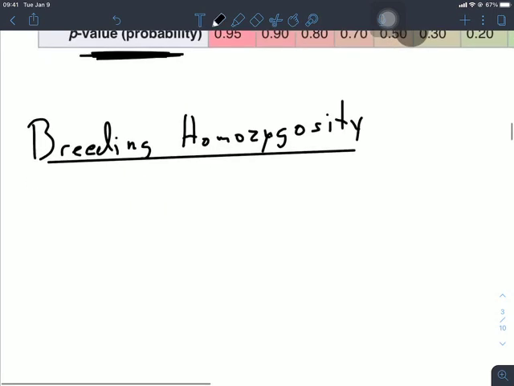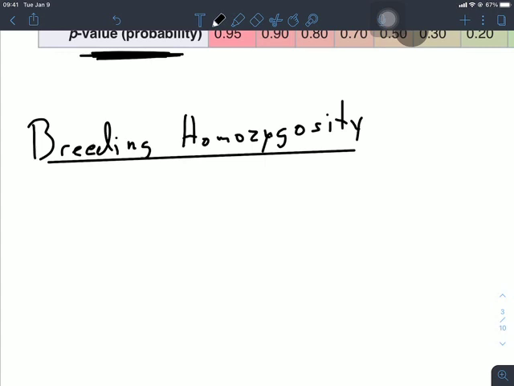So, before we get down that breeding tangent, which we'll revisit when we talk about quantitative genetics, what kind of residual heterozygosity remains after you try to self an individual for a large number of generations?